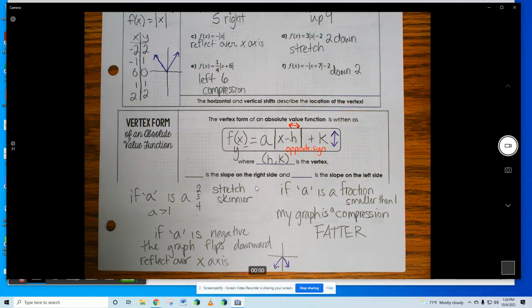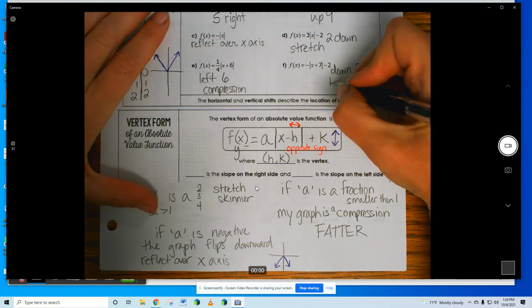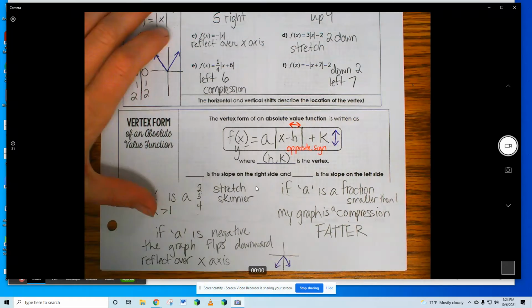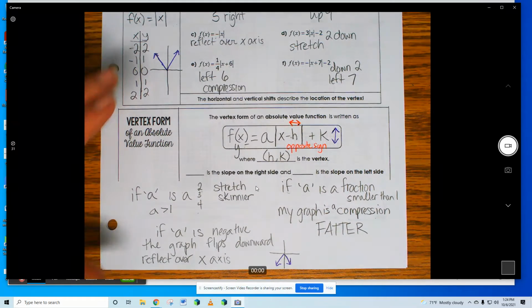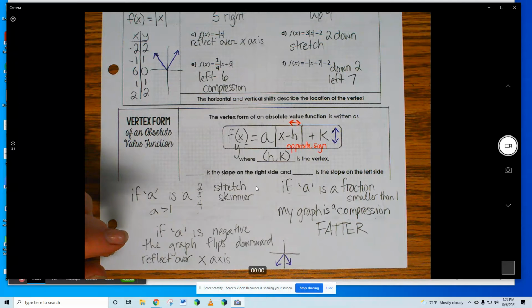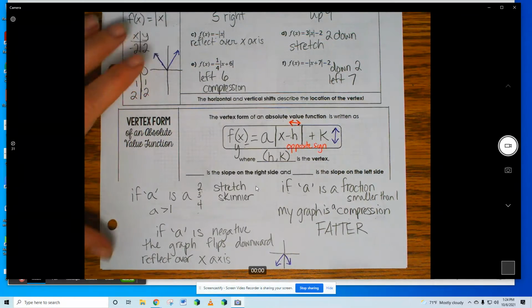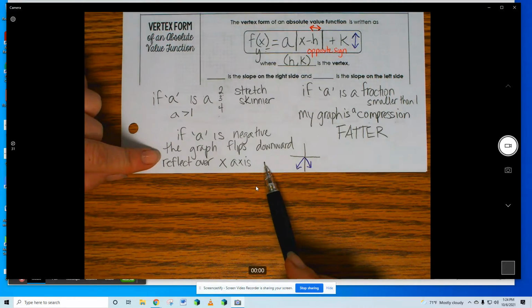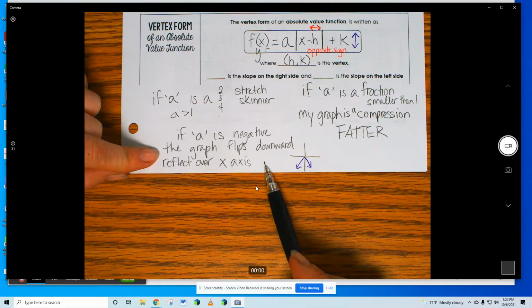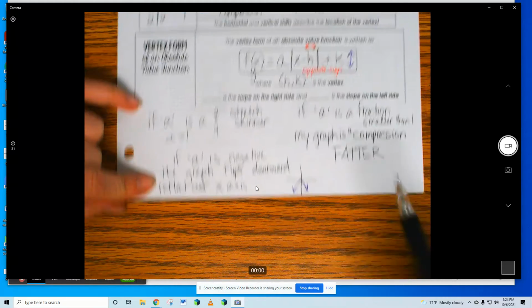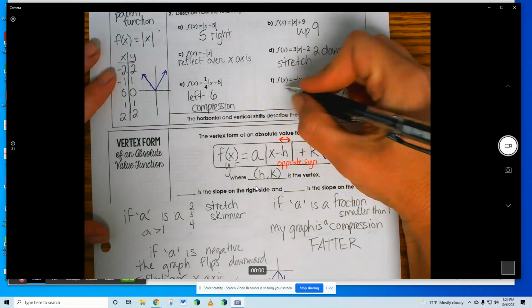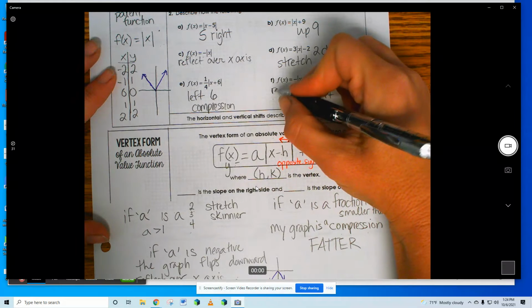I'll take any of you. Either. Left 7. Good job. And then the last, Christian, what does the negative do? Okay, well, we have a negative. Look, I put it down here. Yeah, so this means this graph is going to be reflected over the x-axis.